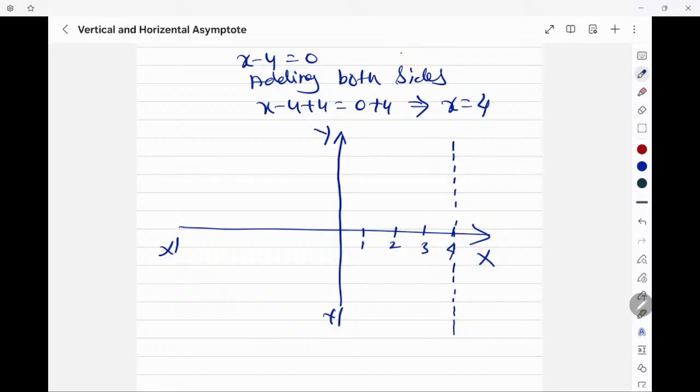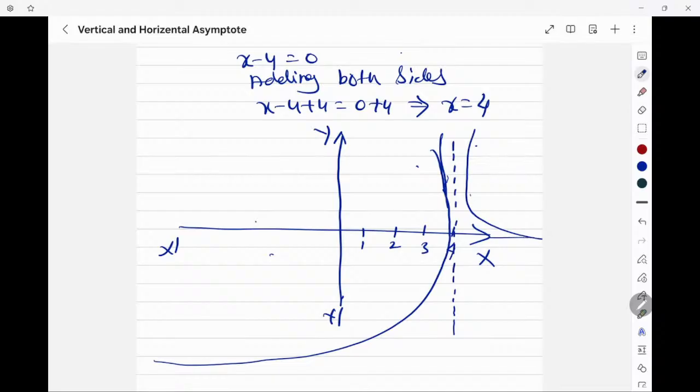The graph is plotted like this. It doesn't touch the line, right? The graph extends like this, and here the graph extends like this. This is the graph of the vertical asymptote, right?